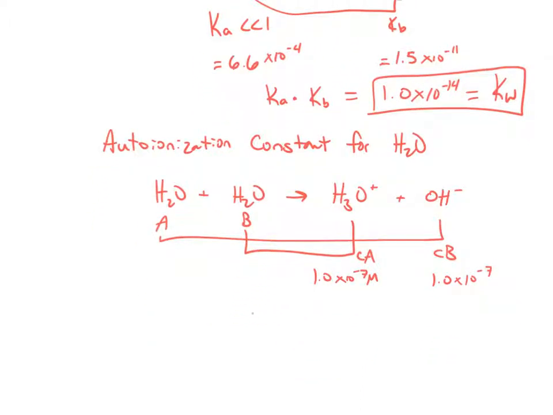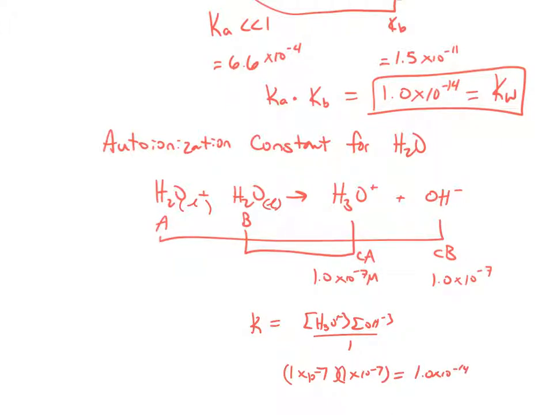If you set up the equilibrium expression for water, you have the concentration of H3O plus times the concentration of OH minus over 1, since these are both liquids and not part of the equilibrium expression. And 1 times 10 to the negative 7th times 1 times 10 to the negative 7th gives you 1 times 10 to the negative 14th, which is also defined as Kw.